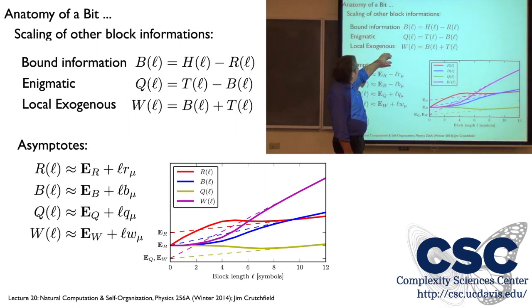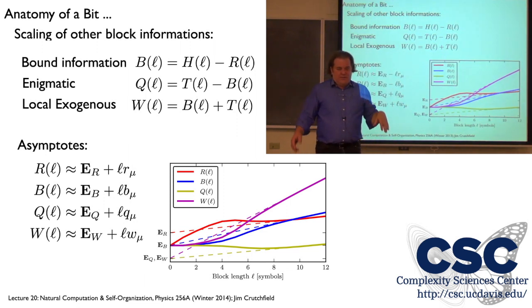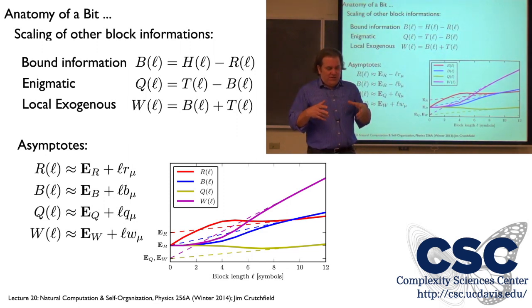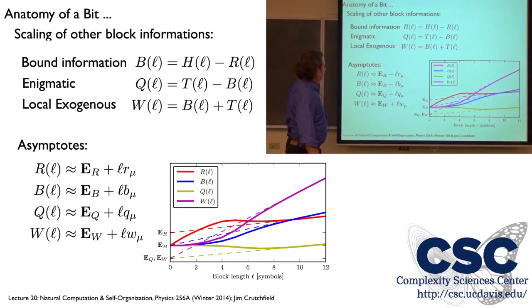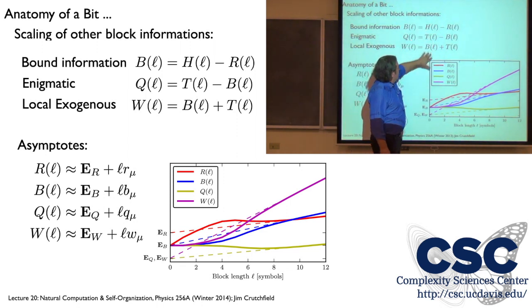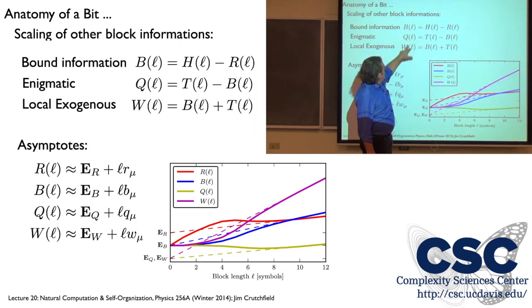Local exogenous information was the total information that each random variable does not produce itself: the random information it expresses that comes from other variables. But in the block setting, the time series setting, we end up with these block versions of these n-variable quantities.